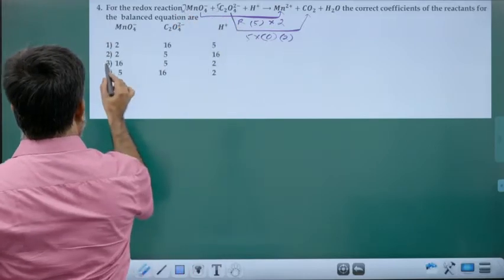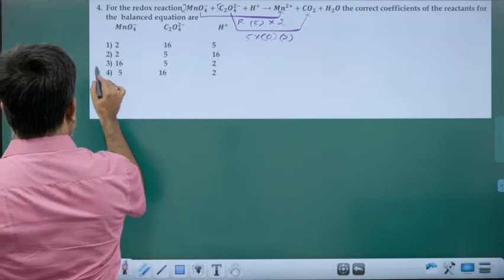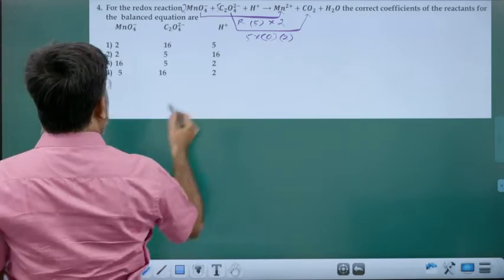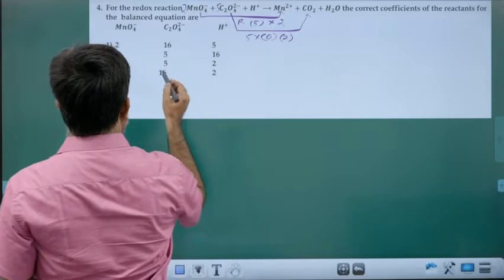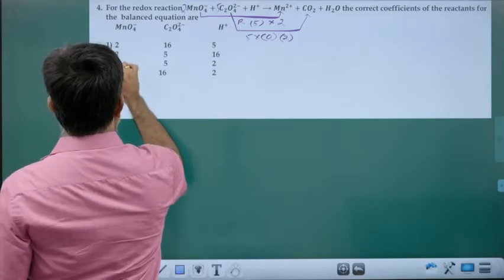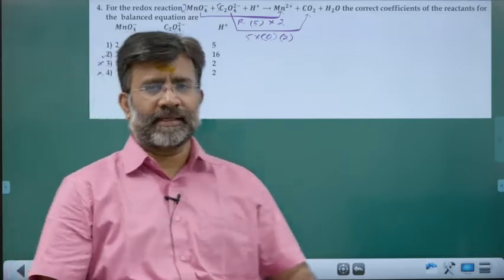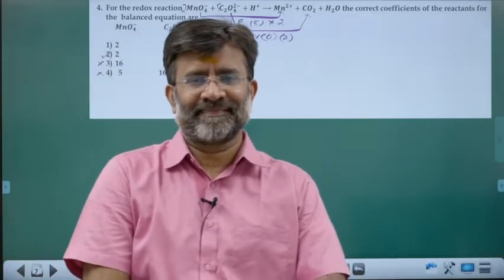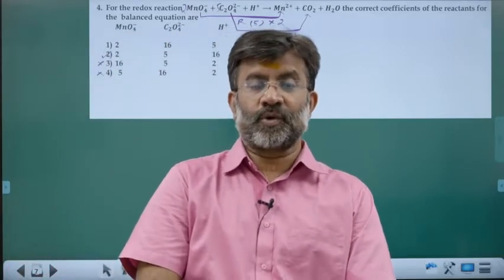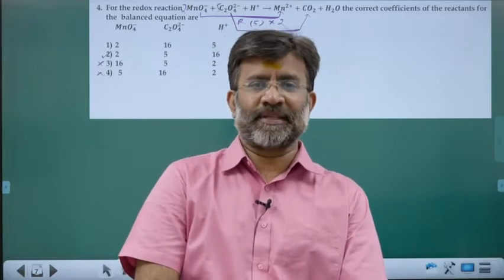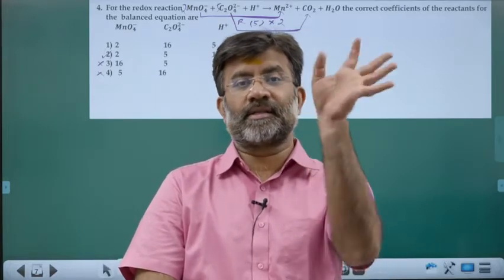2 for permanganate, and 5 for oxalate. So the answer is the second choice. And how to balance H plus? H plus is balanced by using charge balancing.